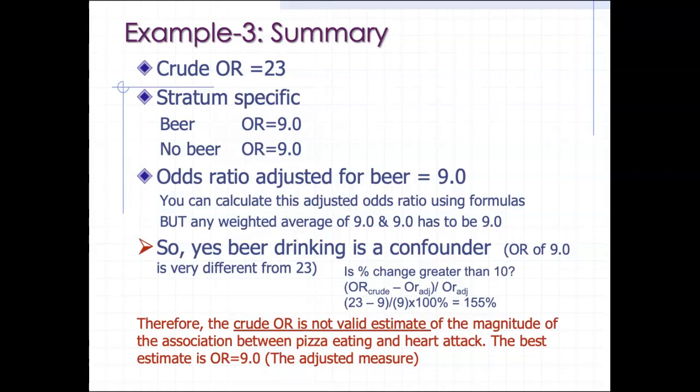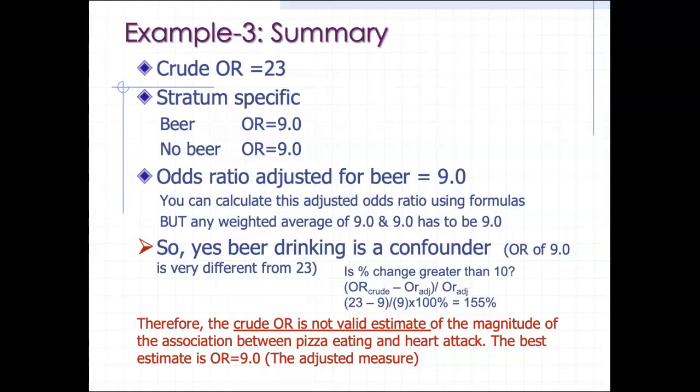In fact, what I would say is that the odds ratio for the relationship between eating pizza and having heart disease is 9. That's because the crude measure is confounded by this drinking beer variable. Therefore, the result I want to report as my overall key takeaway is this adjusted measure of association because I have confounding.